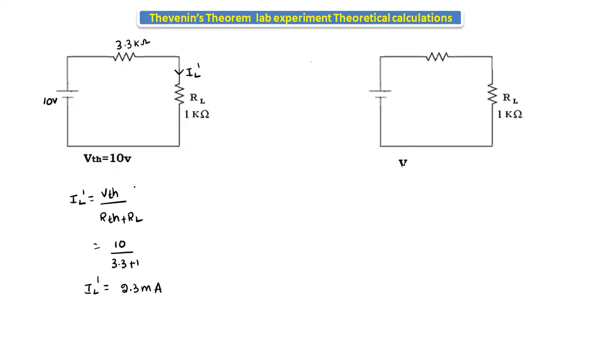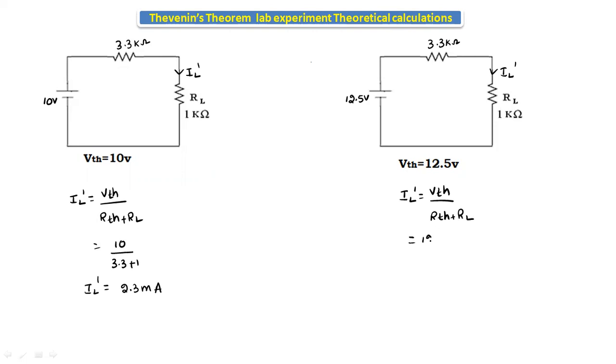Now let's calculate the IL dash at VTH value of 12.5 volts. We know already the RTH value is equal to 3.3 kilo ohm, and this branch current is IL dash. To find out IL dash, the formula is VTH divided by RTH plus RL.